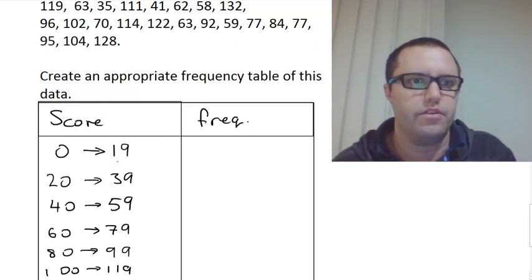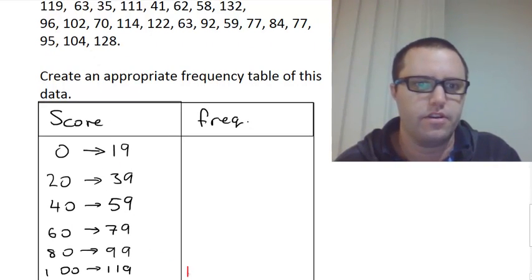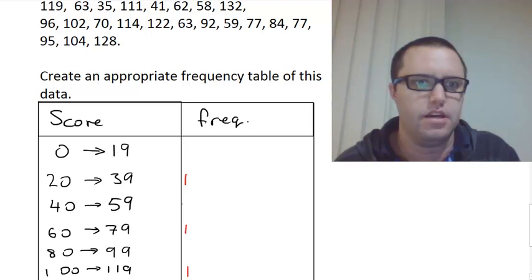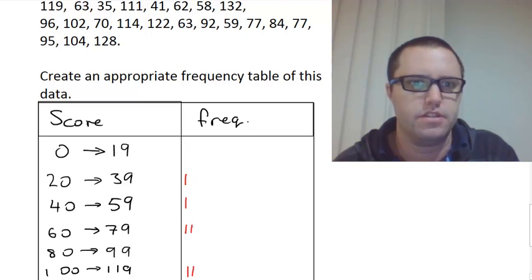119 fits into this category, 63 fits here, 35 fits here, 111 fits here, 41 fits here, 62 fits here, 58 fits here, 132.